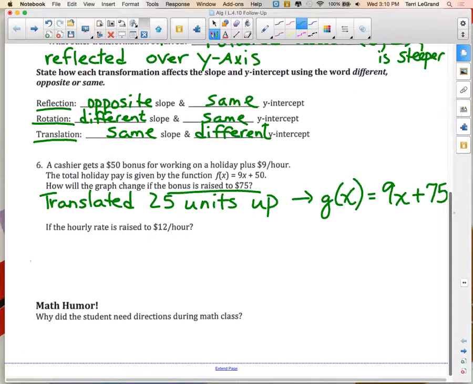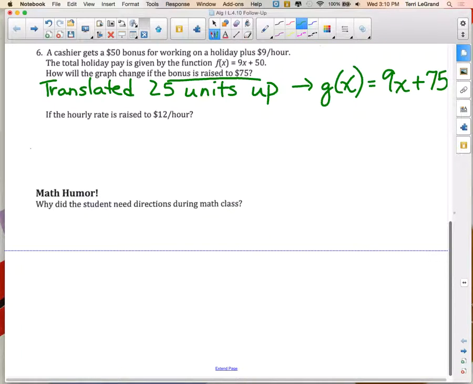But what if they said, well, here's your other choice now. In other words, they're just going to keep the bonus at $50. Instead, they want to raise your hourly pay to $12 an hour. So what's changing this time? The slope is changing. So what kind of transformation would occur? A rotation. So it would be rotated about what? Remember, you're not getting the increase in the bonus, you're just getting the hourly pay rate increase.